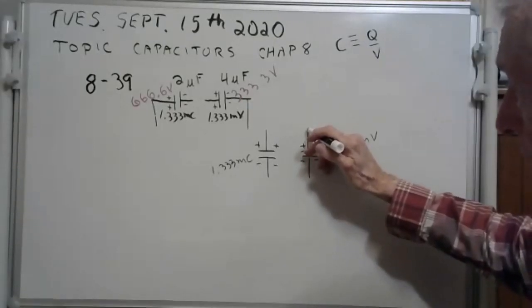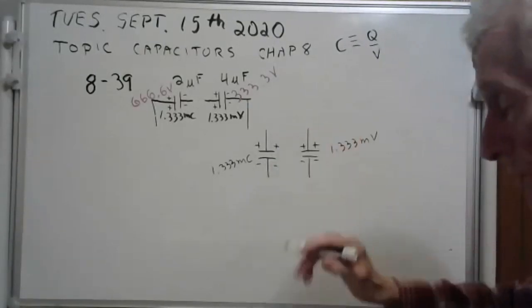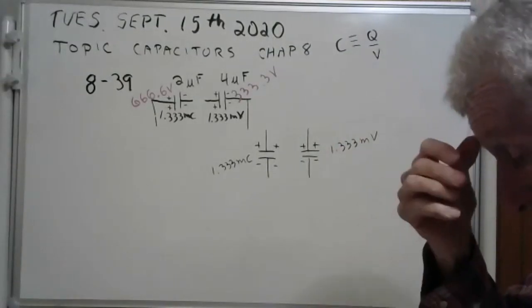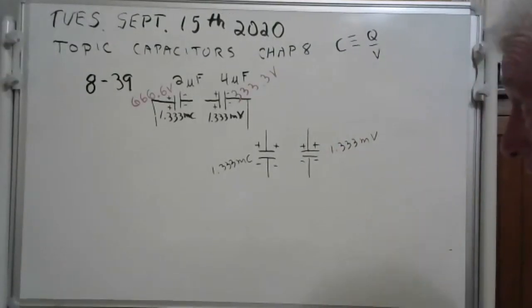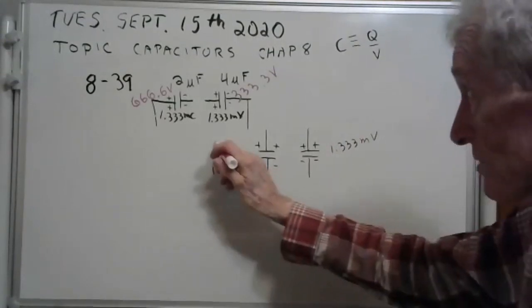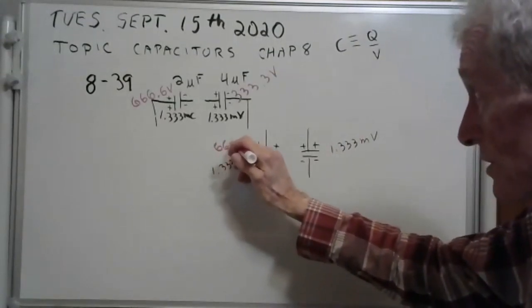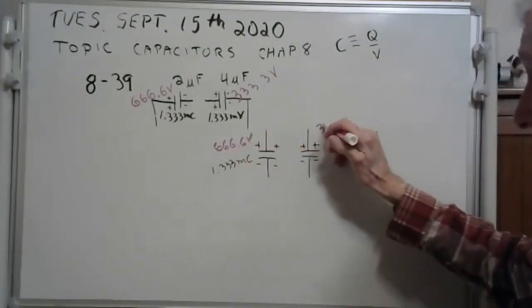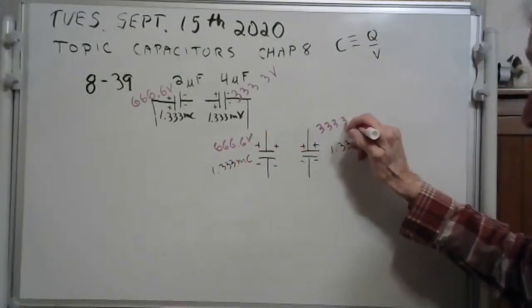Now we haven't connected them together yet. We're going to, but let me put the voltages on there, what they are right now. See, this one right now has 666.6 volts. This one has 333.3 volts.